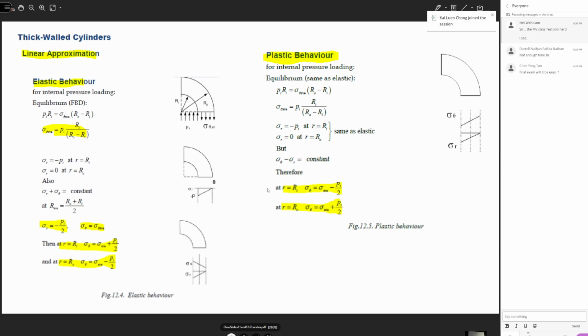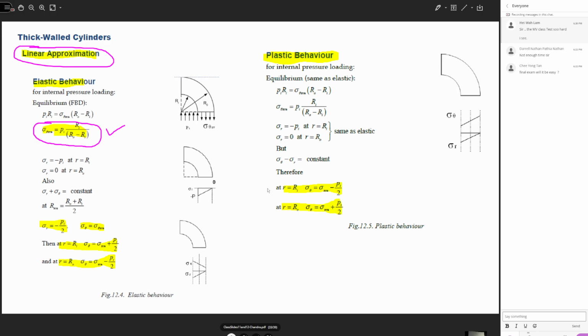All right, the next one is the linear approximation. Lamè's equations are a nonlinear approximation, so for linear approximation, you can see this is using Lamè's equations. For elastic behavior, the average stress we can write as Pi Ri over the thickness, Ro minus Ri.